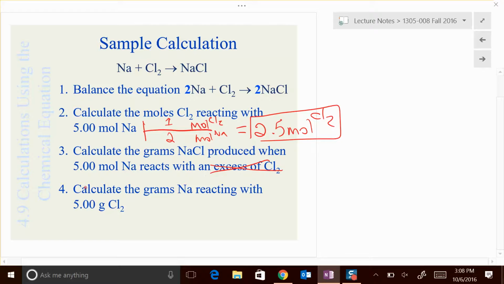Okay? So I'm going to start with my 5 moles of sodium. Now finish it.